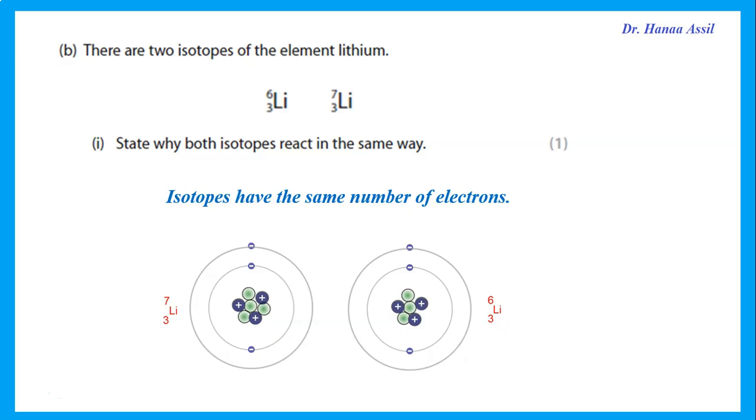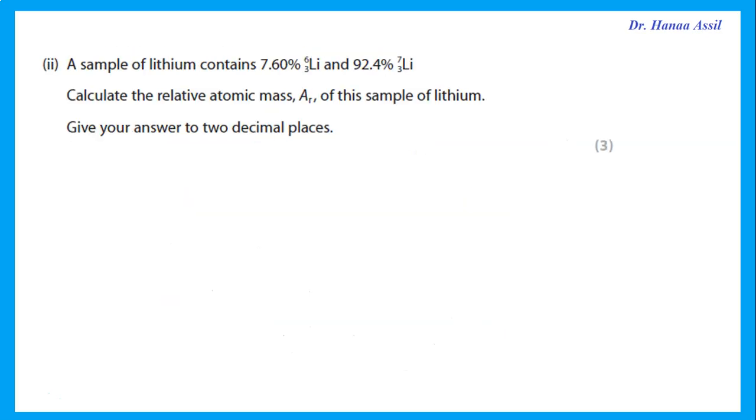Isotopes, if we say what are isotopes, you should know isotopes are atoms having the same atomic number, so they have the same number of protons, same number of electrons, but different number of what? Different number of neutrons.